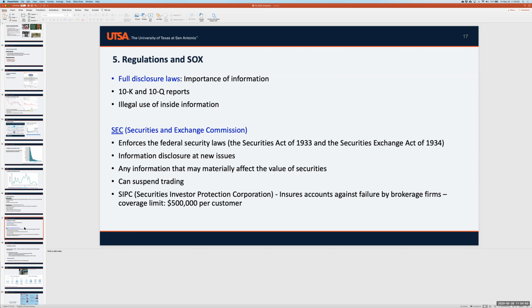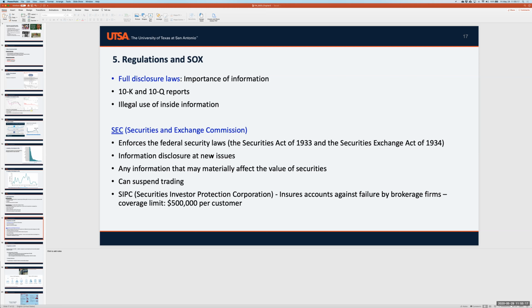So this is illegal. You cannot use inside information, private information, because you're cheating. You're just using non-public information on behalf of your financials. So it's illegal.